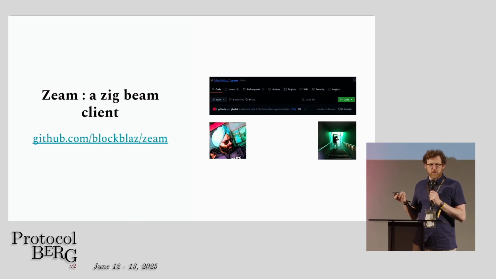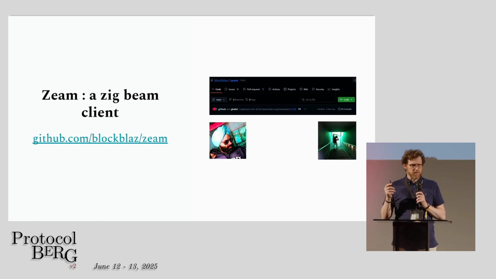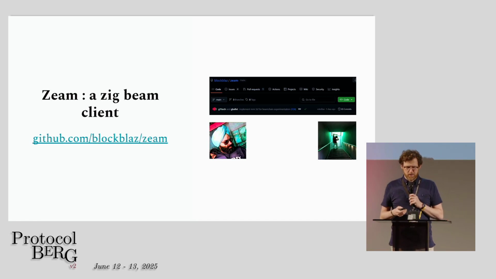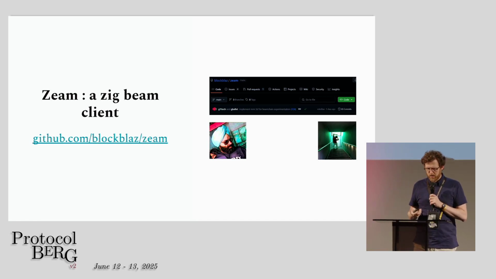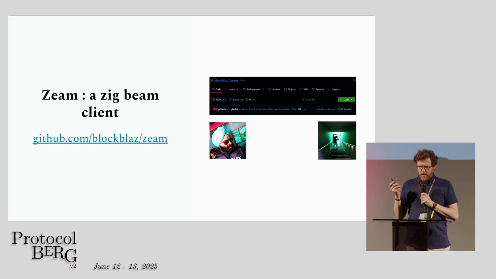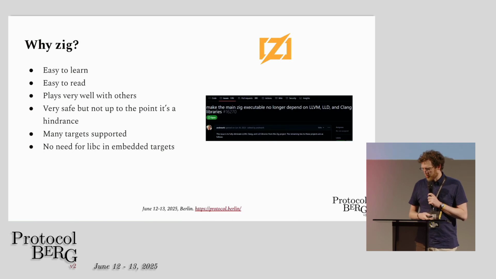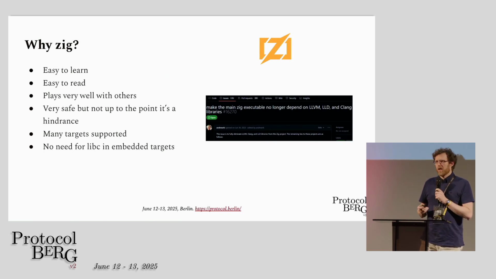We have Zeam, which is a Beam client written in Zig. It was a project started by me and Gajinder, formerly Ethereum.js, now full-time on Zeam. And I'm gonna start with preempting the most obvious question: why Zig?